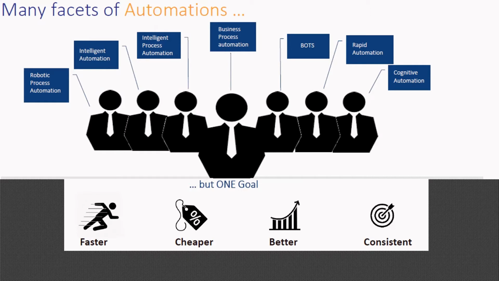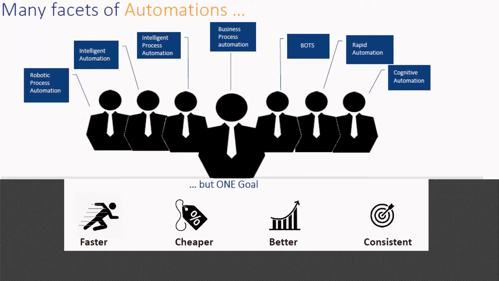Five years back, that response was from humans. Today, that answer is given by robots. Rapid automation, like quick automation, or the cognitive automation, where multiple layers like AI and ML, everything is applied. So these are the different terminologies in automation.